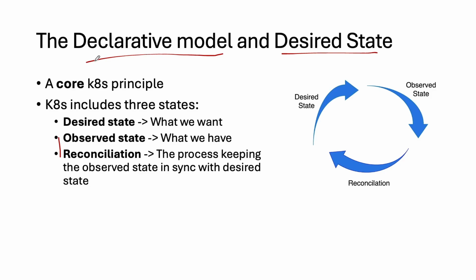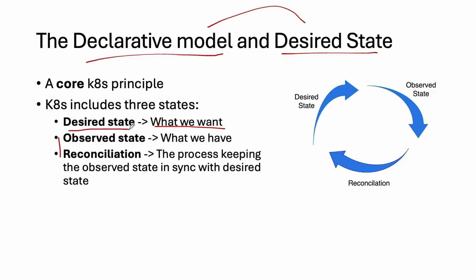Then we need to understand the relationship between the declarative model and the desired state. The declarative model is telling what we want, and this is what the desired state is. When we define what we want in a manifest file, we publish it to Kubernetes, and that gets saved in the cluster store as the desired state.